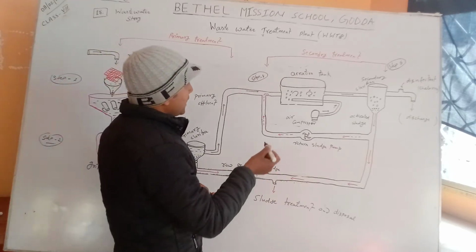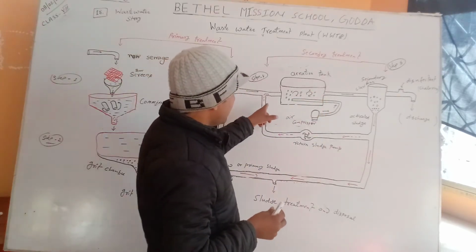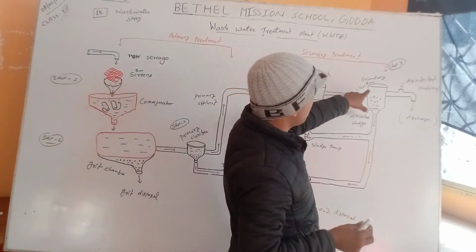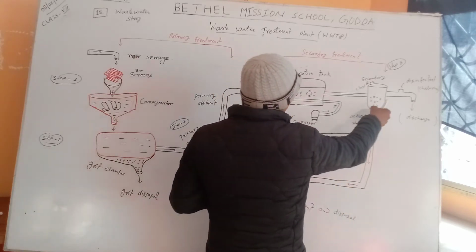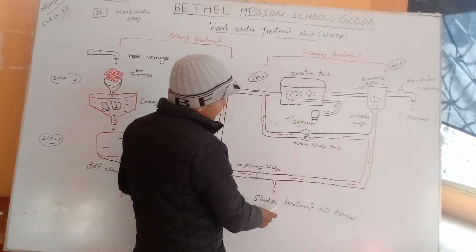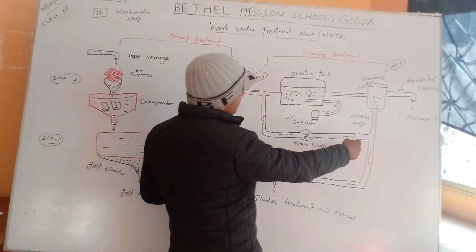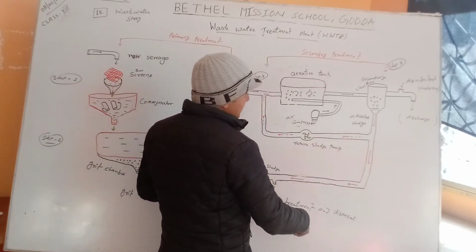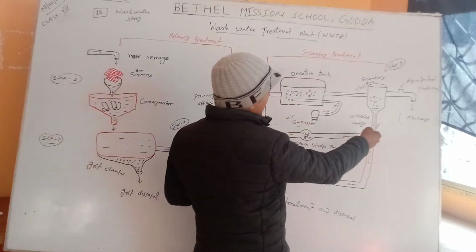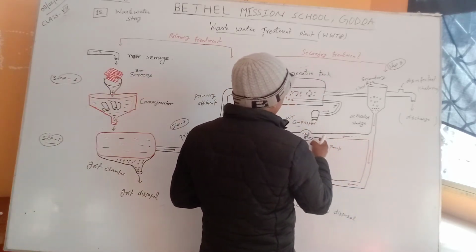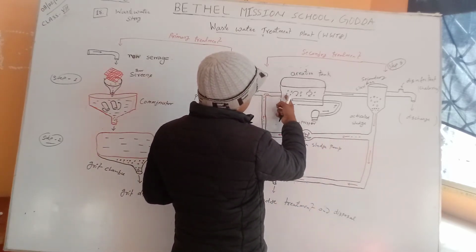Okay, then after decomposing by the aerobic bacteria, the solid and heavier material settles down. Okay, and those which are not purified go down again, to the return sludge pump. Okay, again this process is repeated.